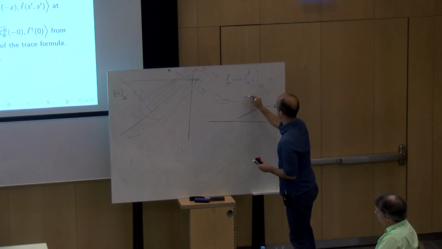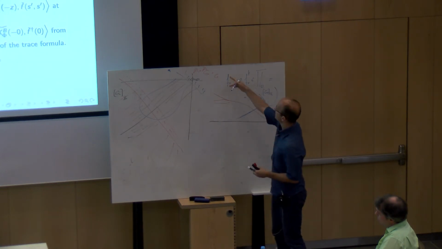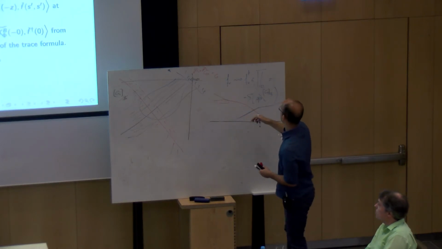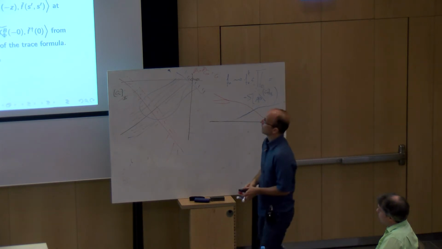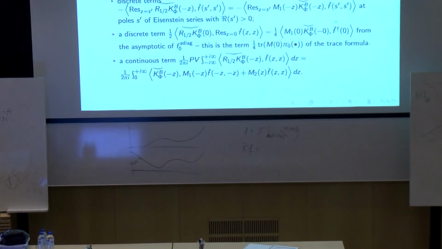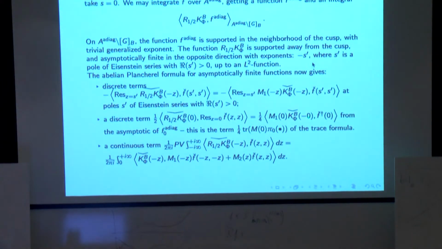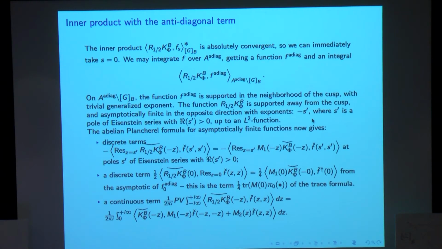Pi naught was the Schwarz space of A mod, what is it? GB, diagonal. But I have already modded out by the anti-diagonal, so this will actually contribute only at those characters which are both invariant under the diagonal and the anti-diagonal. And those are quadratic characters. Those are the discrete contributions of the continuous spectrum to the trace formula.